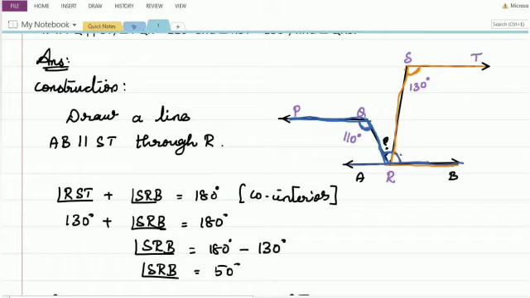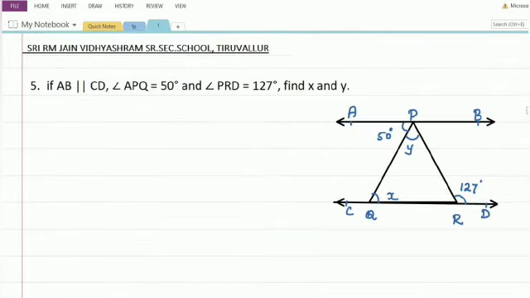Then once you have found this angle, we know that PQ is parallel to ST, and in the construction we have given ST is parallel to AB, which implies PQ is parallel to AB. So this PQR is equal to QRB because alternate angles. Then find out what is angle QRS. Let us move to next question.